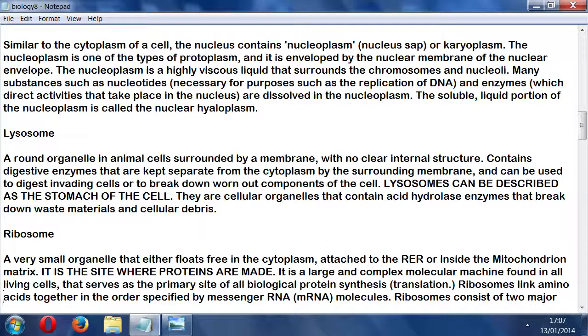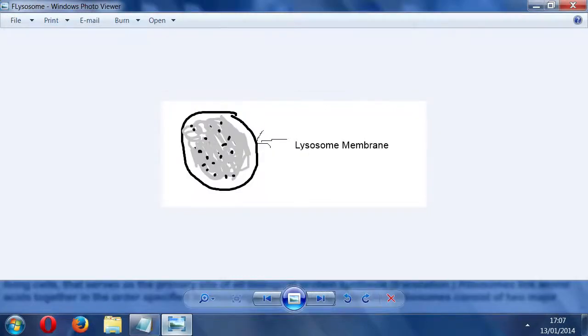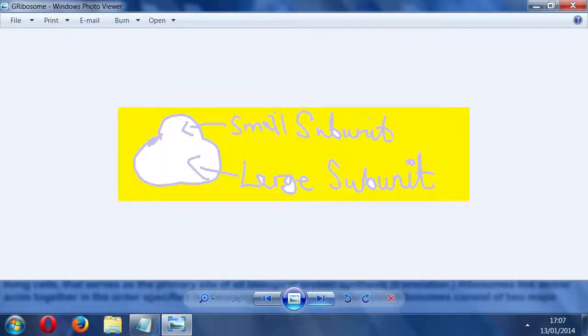Lysosomes can be described as the stomach of the cell. They are cellular organelles that contain acid hydrolase enzymes that break down waste materials and cellular debris. Okay, so we can see no clear internal structure. It was difficult to find images for the lysosome.